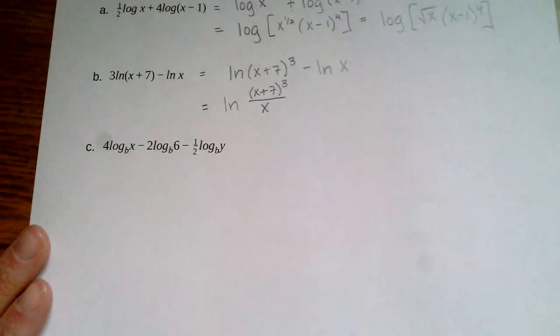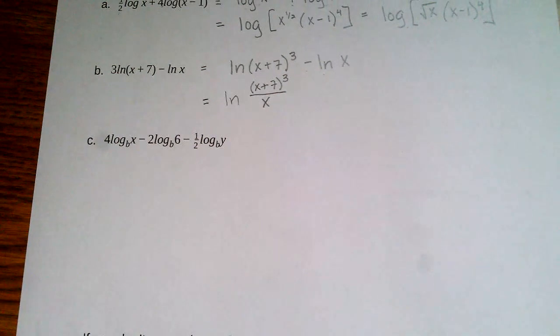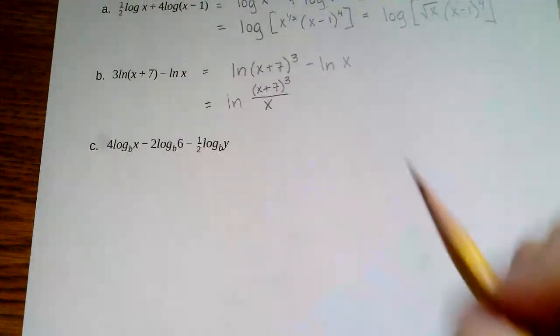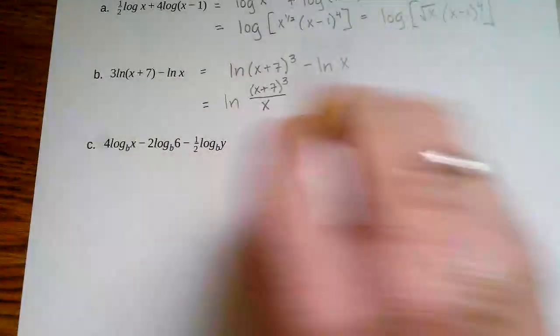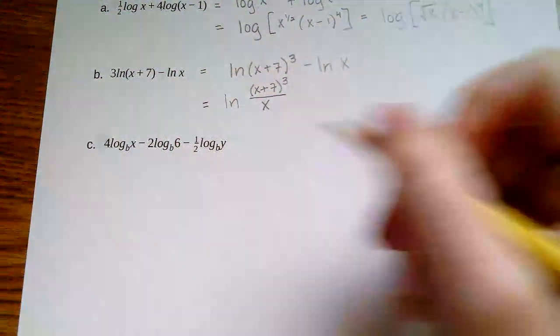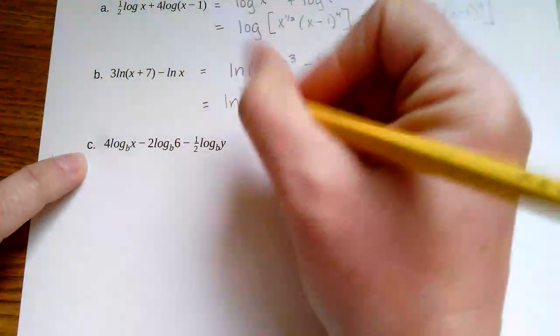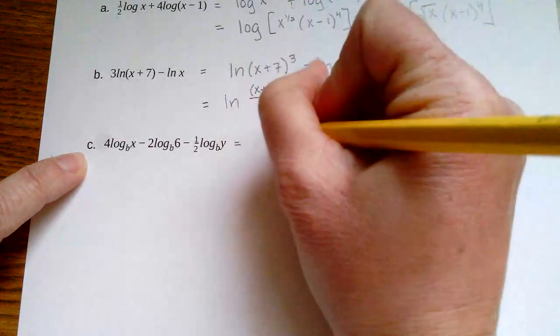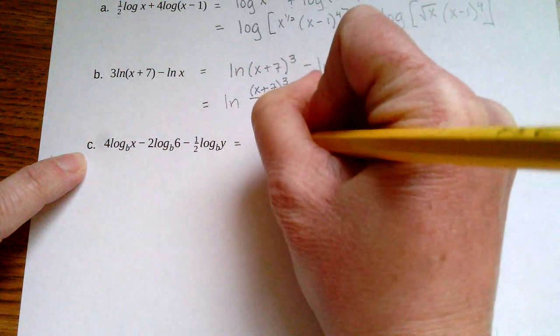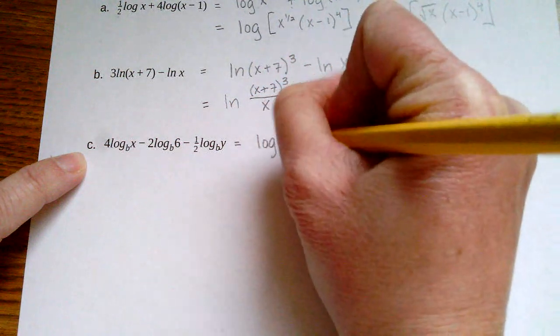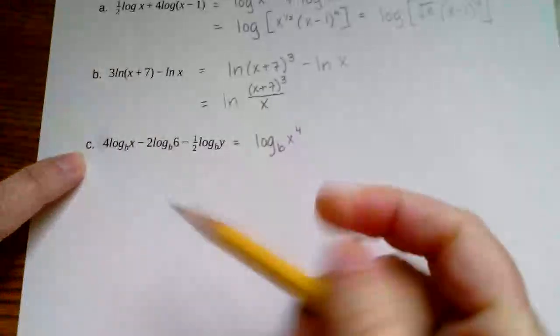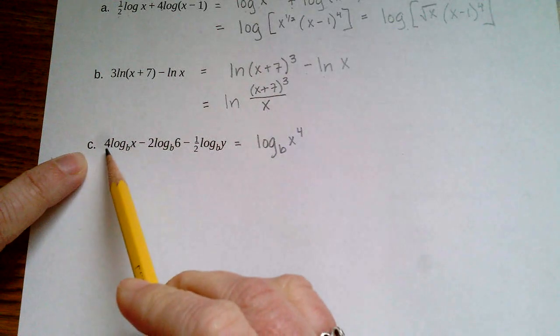Our last one is a little more complicated. Honestly, as a trick that makes this faster for you, I am going to rewrite our first expression as log base b of x to the fourth. I used the power rule backwards.